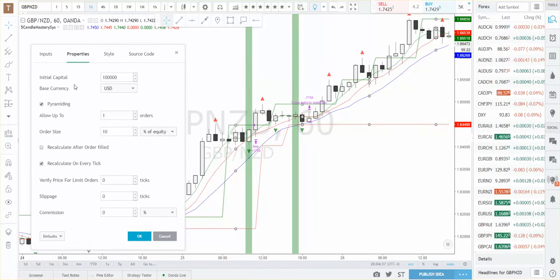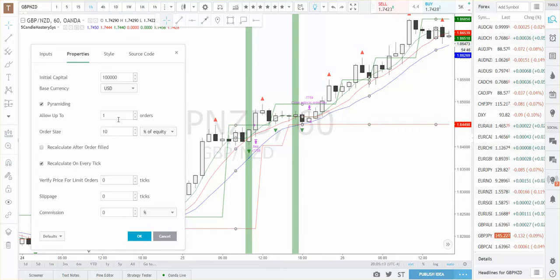If you go to properties, this is everything related to the strategy, so you can change your initial capital. You can pyramid, meaning currently it's defaulted to allowing only one order, but if you wanted to, for example, take 2, 3, 4 orders, where you may have multiple setups occurring while you still have the first order open, that will allow you to add on to the position.